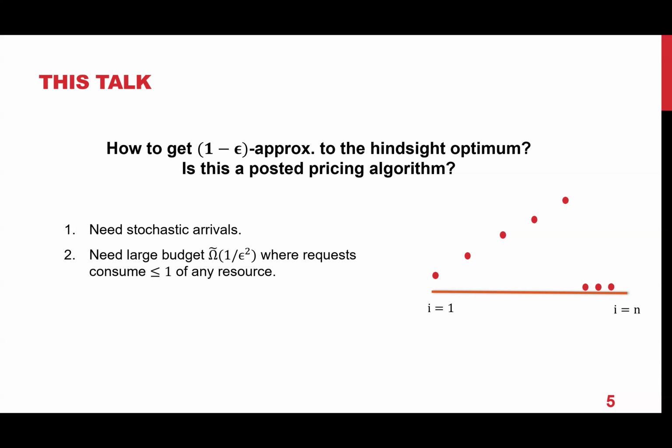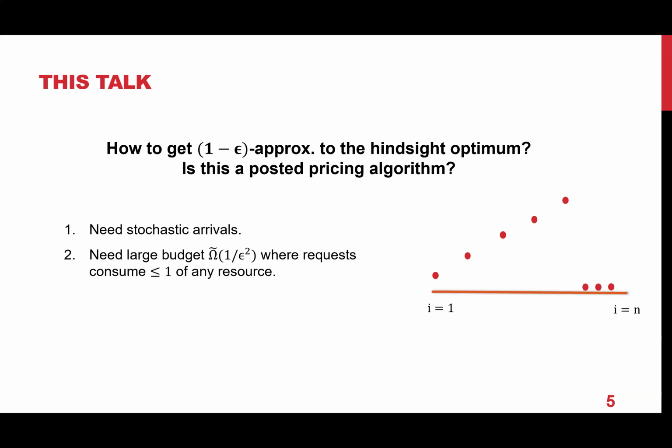The same challenge appears even if you have a single resource, and even in a high budget regime where you have B copies of a resource, so you get B attempts to stop. You can argue that the success probability of your algorithm will only be a B over N competitive ratio, because you don't know when to stop. There are simple reasons to argue why you need some kind of stochastic assumption.